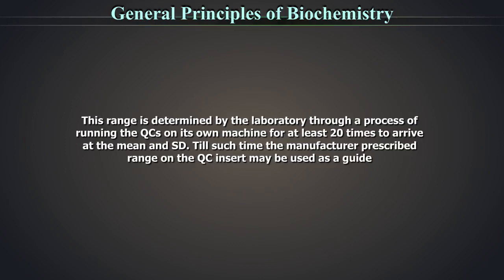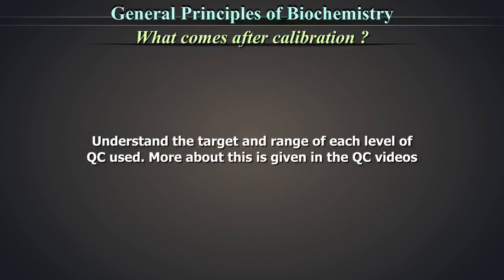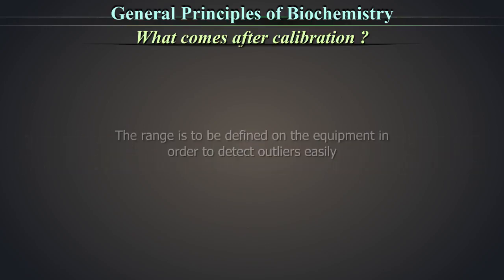Till such time, the manufacturer prescribed range on the quality control insert may be used as a guide. Understand the target and range of each level of QC used. More about this is given in the QC videos. This range is to be defined on the equipment in order to detect outliers easily.